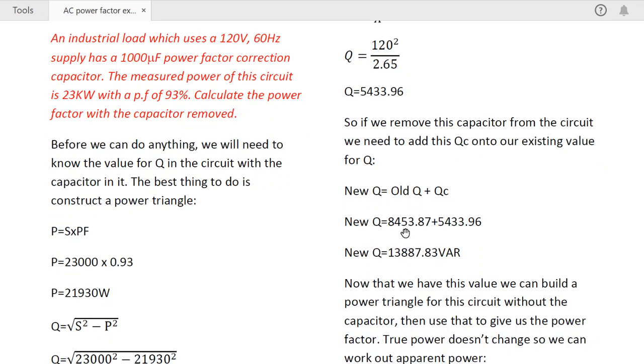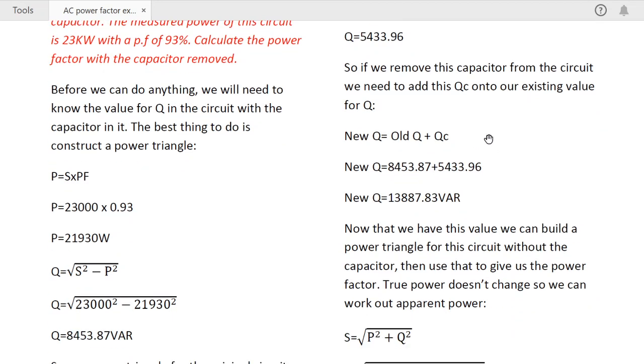So new Q will be 8,453.87 plus 5,433.96. That was the Q that we had before, and this is the Q of the capacitor. So that gives us a new Q value of 13,887.83 VAR.